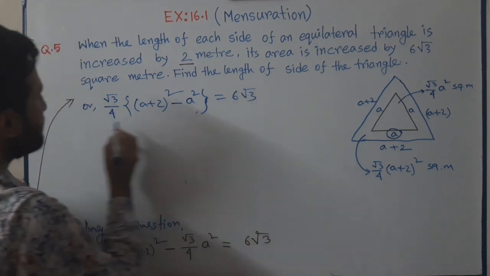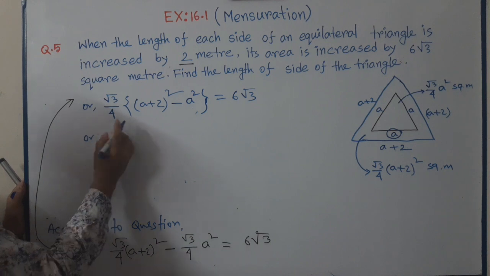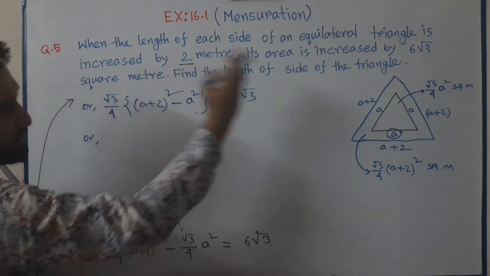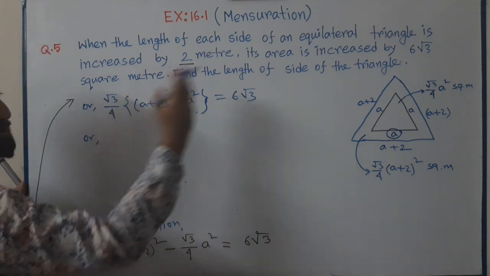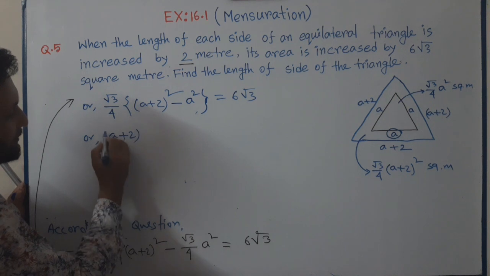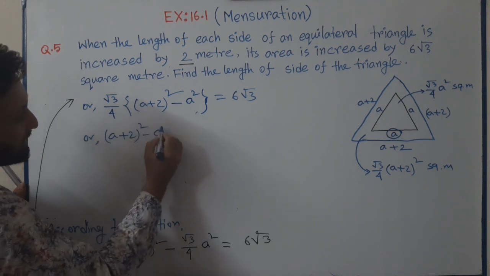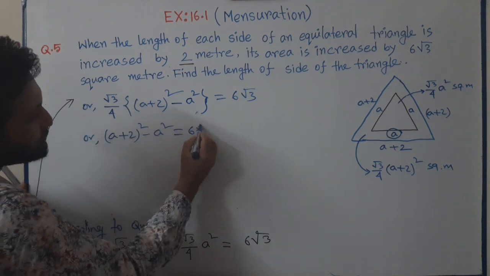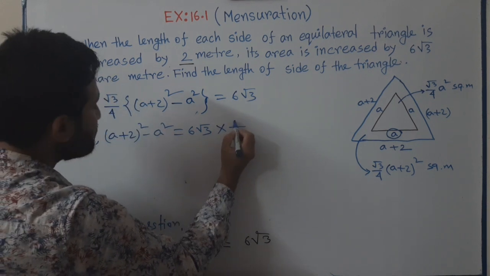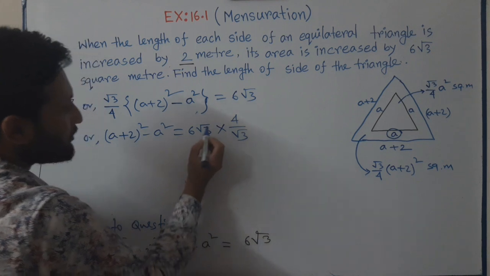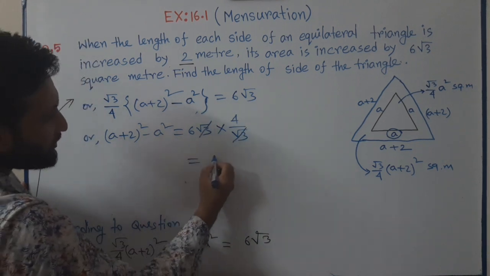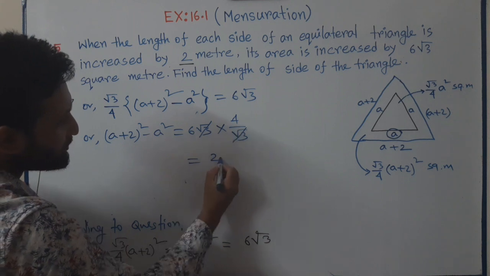If we transfer root 3 by 4 to the right-hand side, it becomes its reciprocal, 4 by root 3. So (A plus 2) squared minus A squared equals 6 root 3 times 4 by root 3. Root 3 and root 3 cancel, so on the right-hand side 6 into 4 is 24.